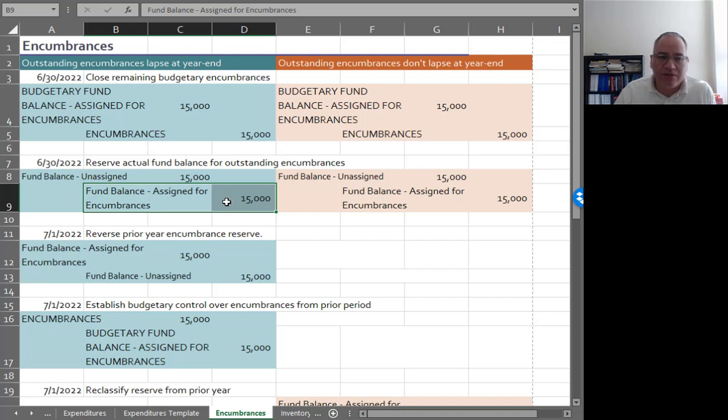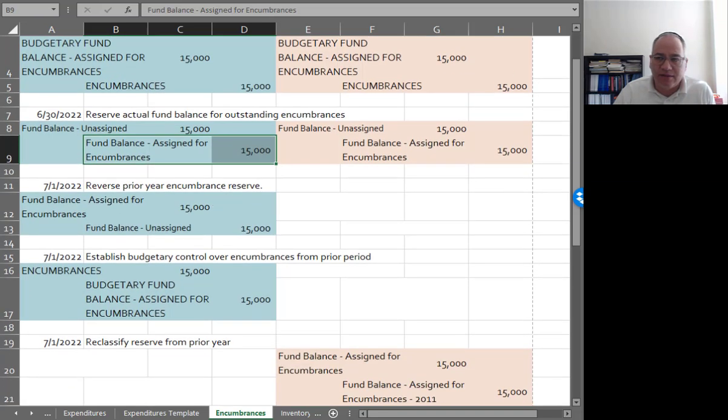At the beginning of the next year, if they lapse, you're going to put it back into unassigned, and that's kind of the lapse. So you've taken the $15,000 out, and you've put it into fund balance unassigned all over again.